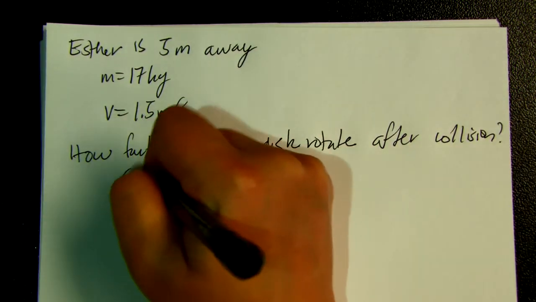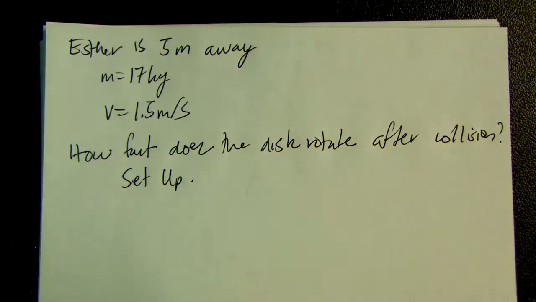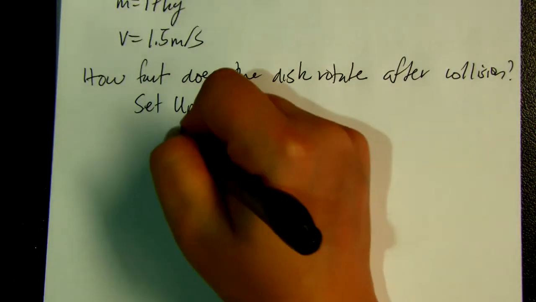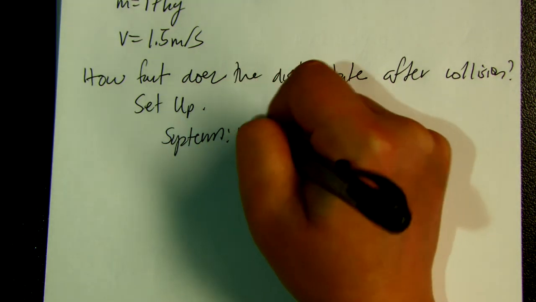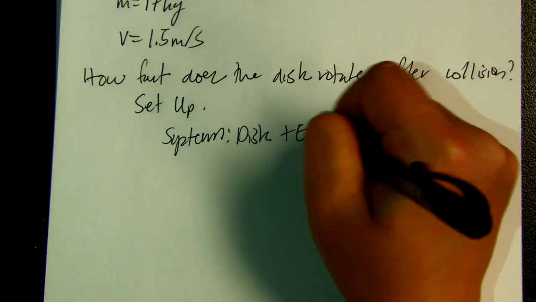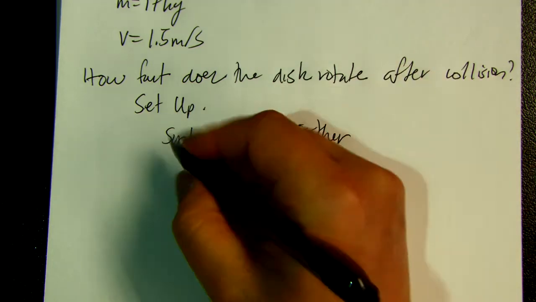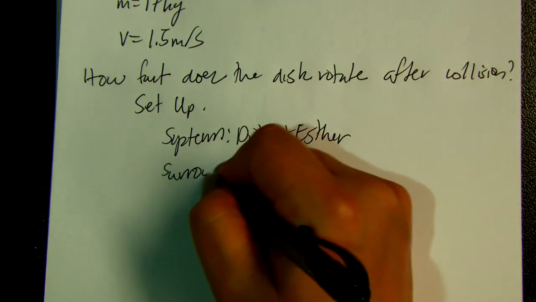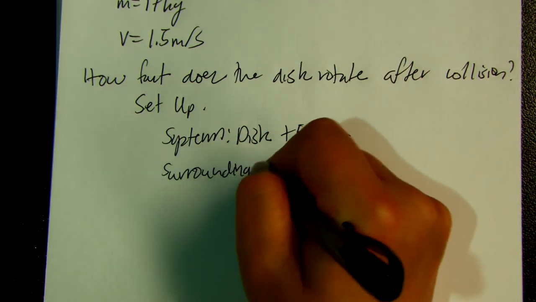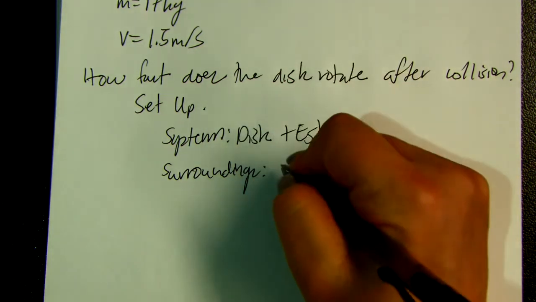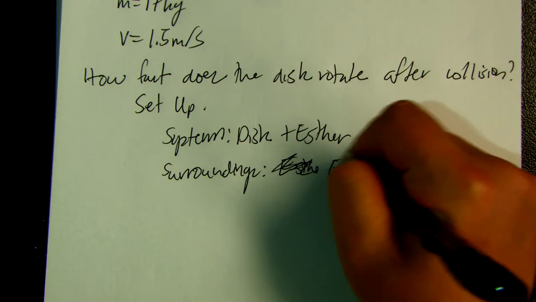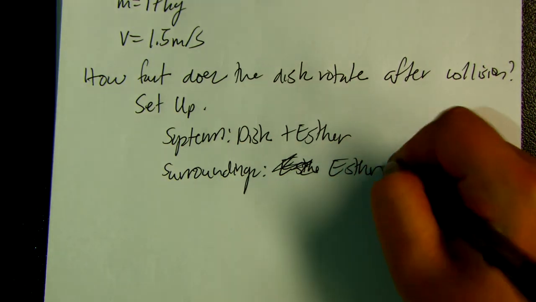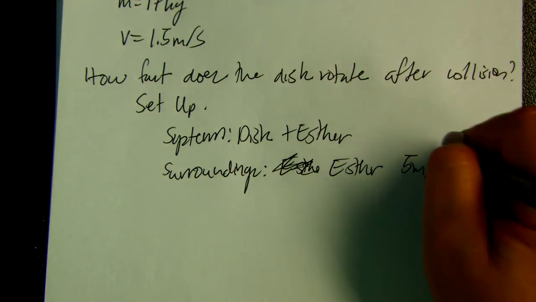Okay, so let's look at the setup. Our system is the disk plus Esther. So Esther starts out 5 meters away.